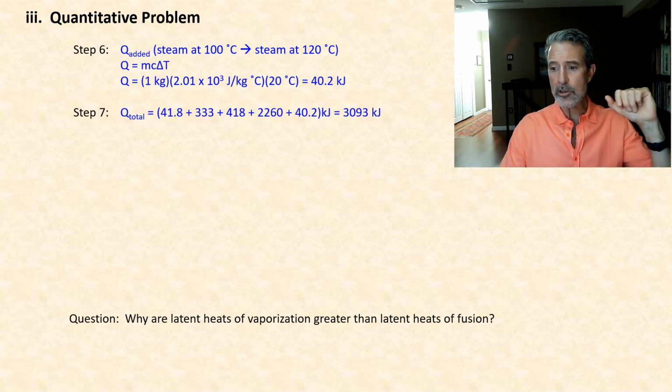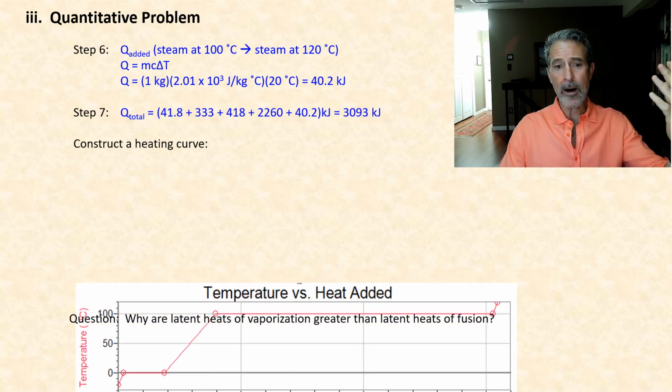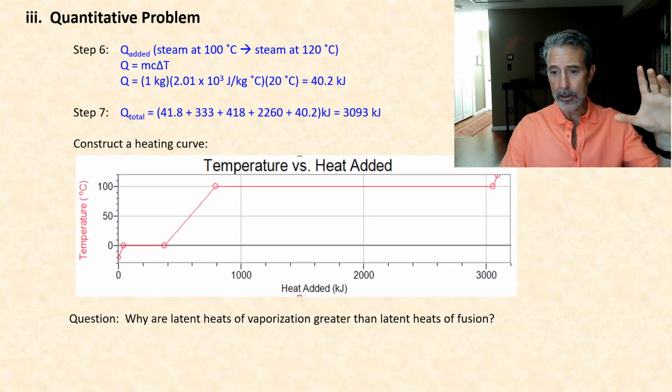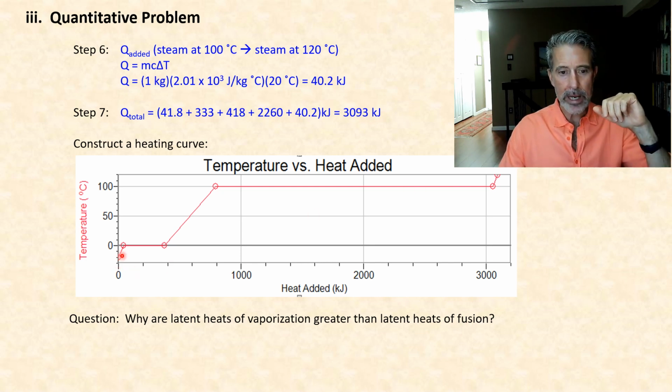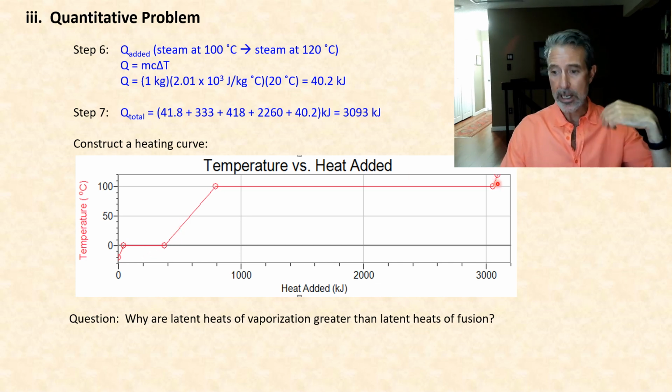If we were to construct a heating curve for this, and I have done this here in graphical analysis, this is what it looks like. First of all, notice that it takes the same characteristic shape that we talked about qualitatively on a previous slide. You will notice that we have the three sloped portions of the graph, which correspond to a temperature change, or microscopically speaking, we're adding heat to increase the kinetic energy of the particles in our substance.